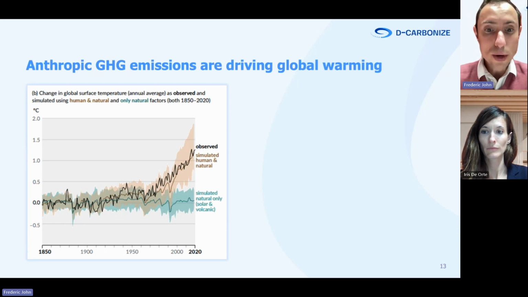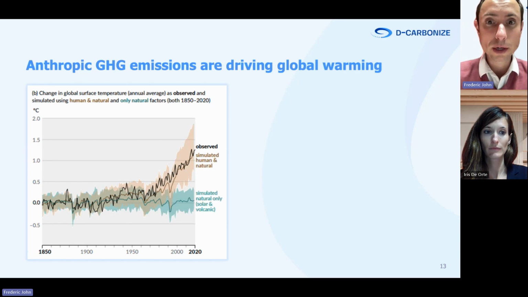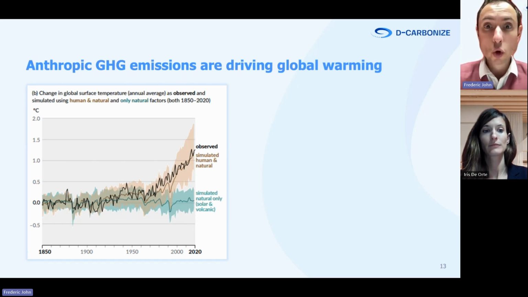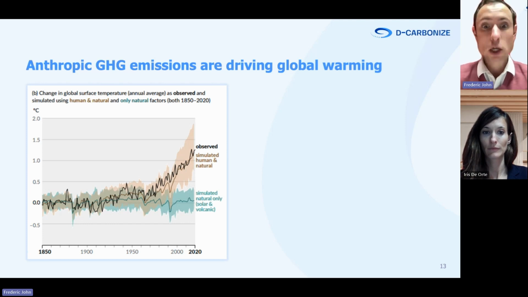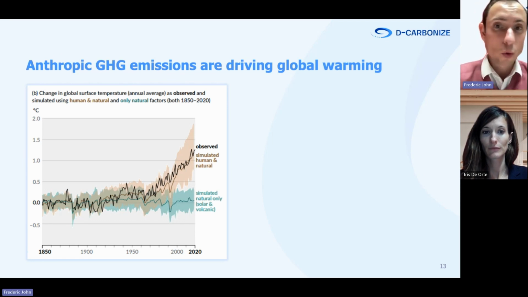So the green line, as you see, is quite flat, meaning that it doesn't really impact global warming, and this green line represents greenhouse gas emissions from natural sources. They could be, for example, volcanoes, natural forest fires, and so on. And the other line represents the increase in temperature, the global warming from greenhouse gas emissions emitted by us, by humans. And as you can see, today we are around plus 1.1, 1.3 of global warming.